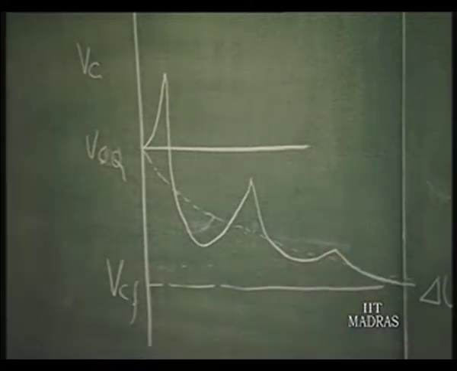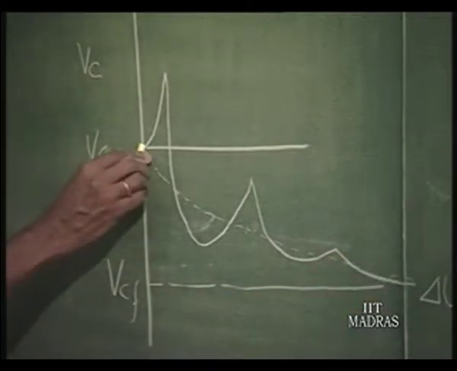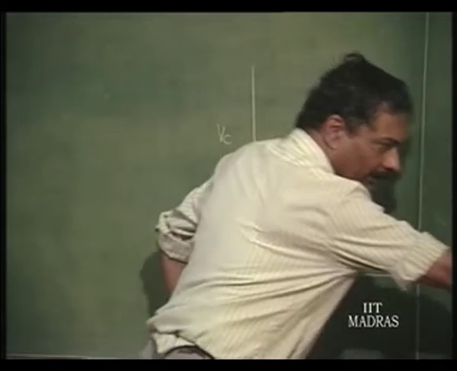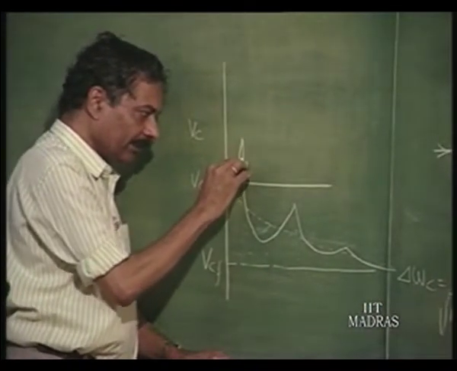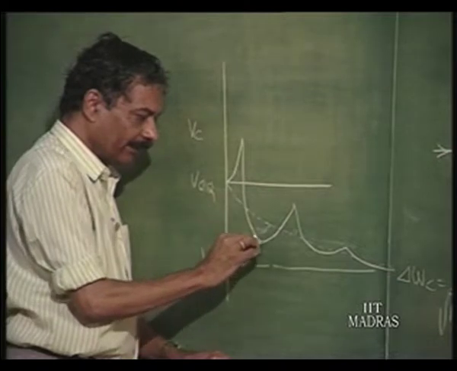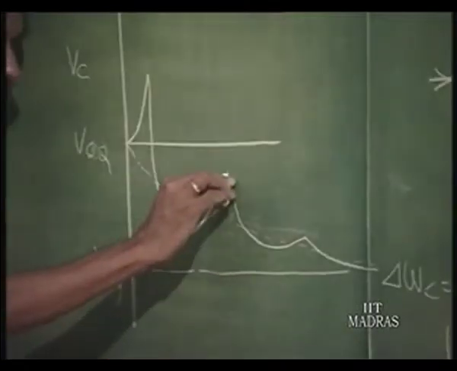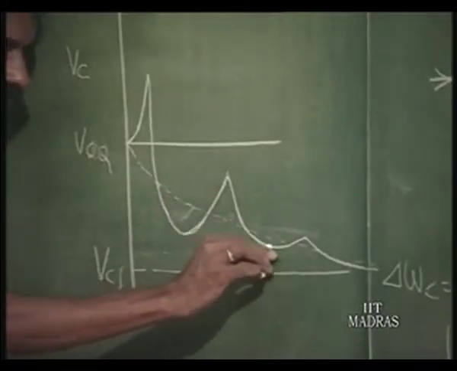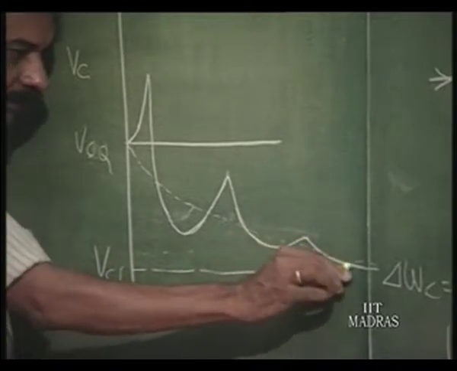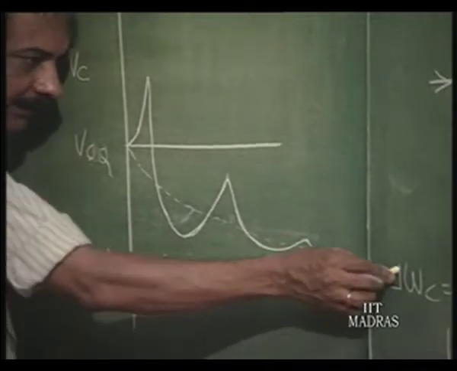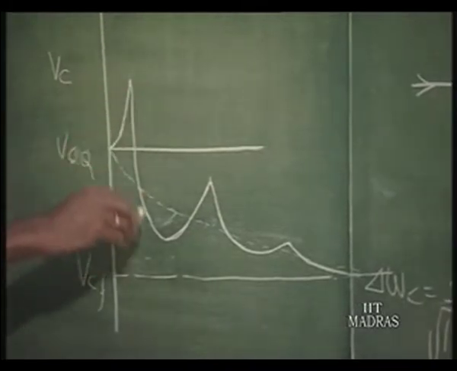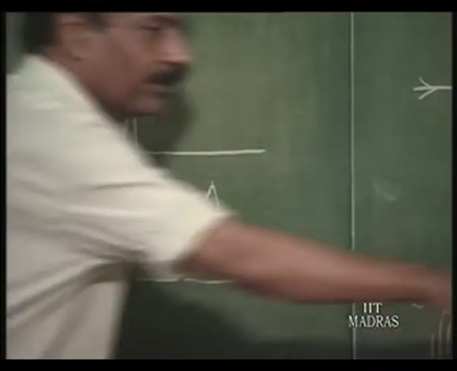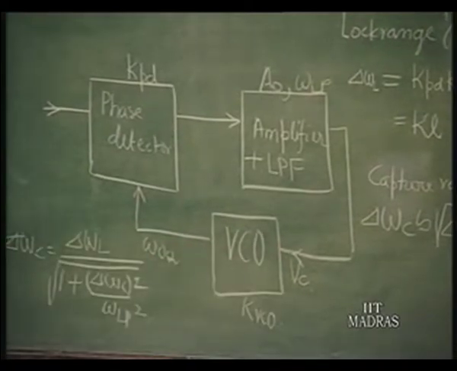This is the capture phenomena, that this waveform, if observed here, will be having a low frequency component which will be generating a DC at every instant of time in the direction in which this ultimate DC is going to be maintained. So, this is the DC level at which it will finally settle, and therefore, this is the way the control voltage here will vary.